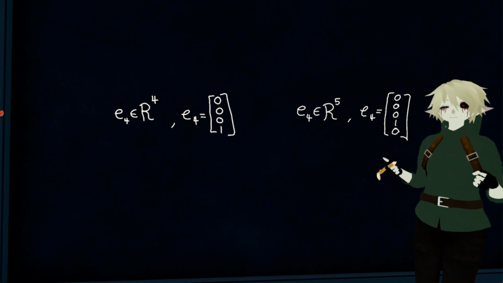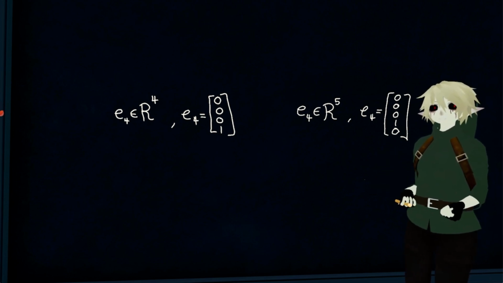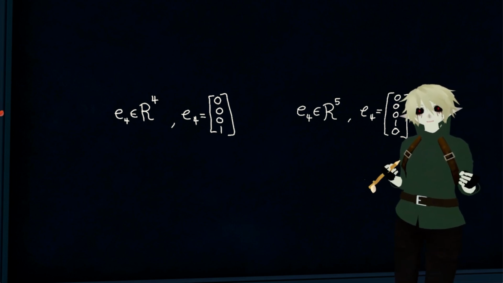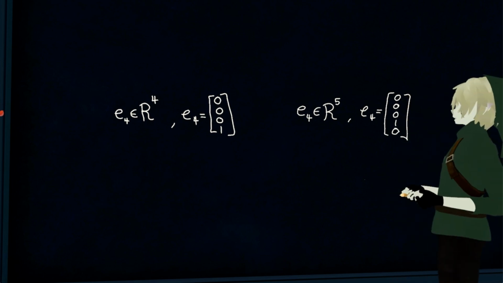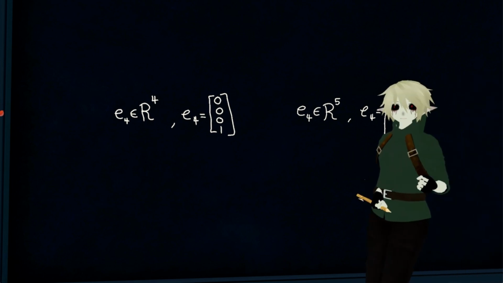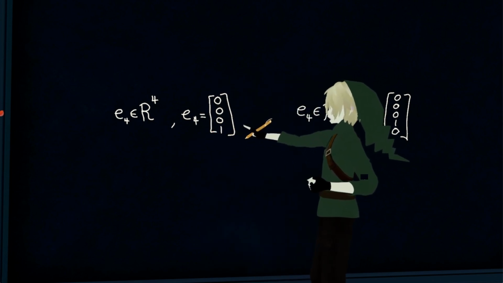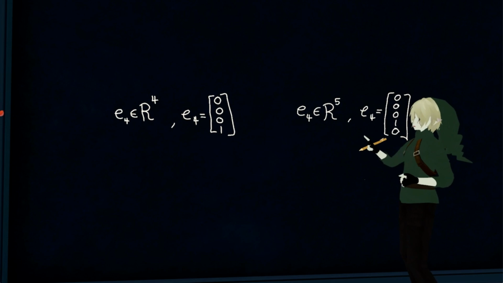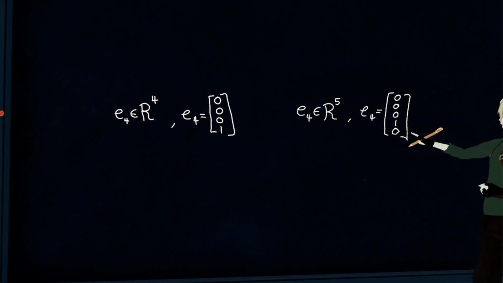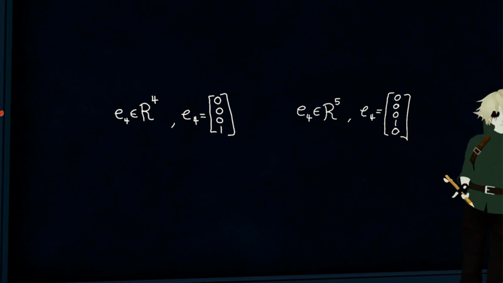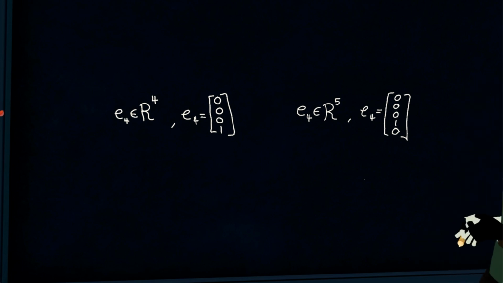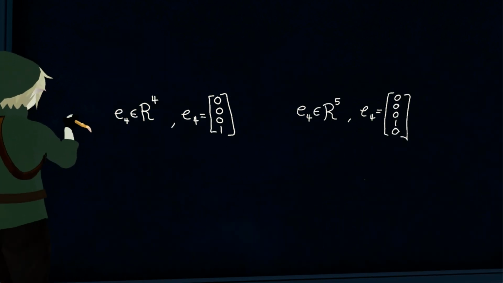When your professor asks in what vector space you are talking about, this is what E4 looks like in vector space R4. This is what E4 looks like in a vector space R5, or in the set of vectors R5.